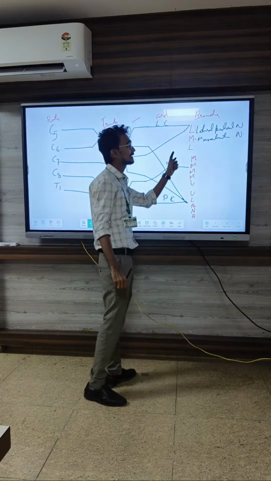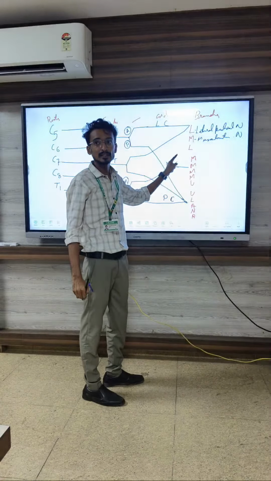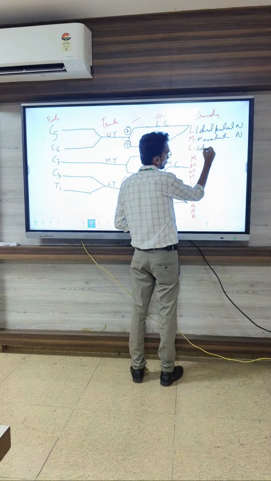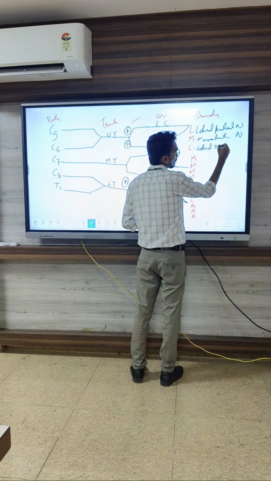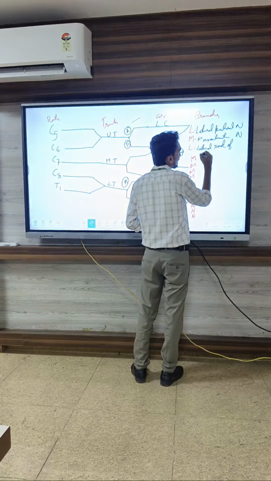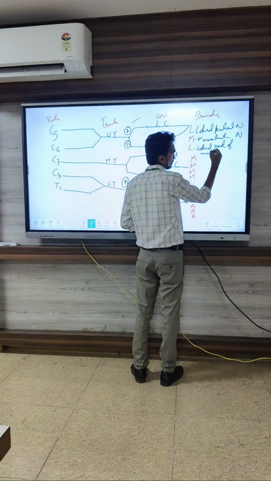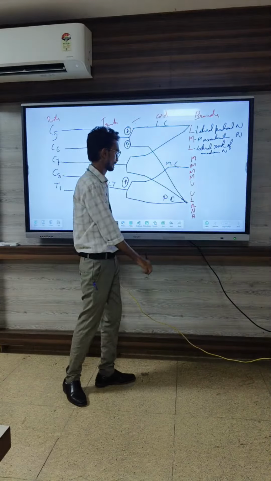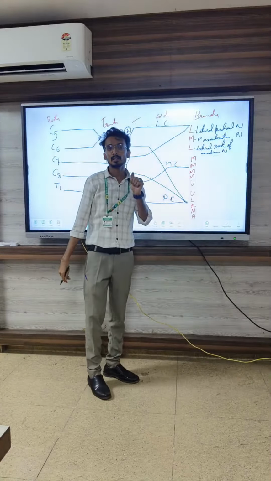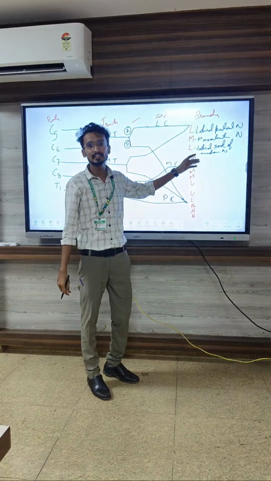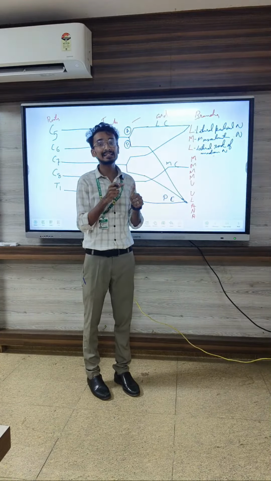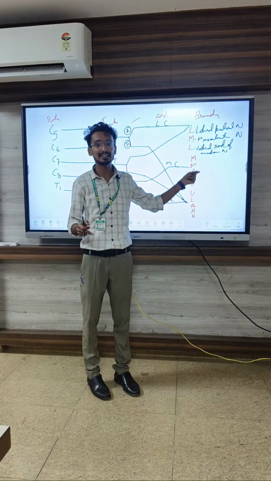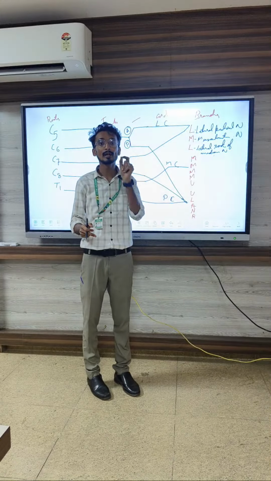Then the last L stands for lateral root of the median nerve. Totally, we have these 3 nerves: L stands for lateral pectoral nerve, M stands for musculocutaneous nerve, and the last L stands for lateral root of median nerve.